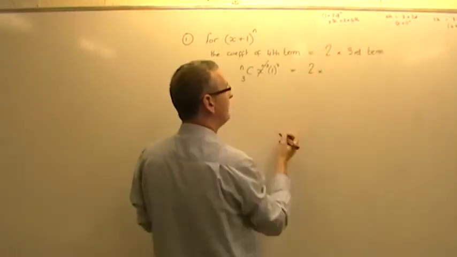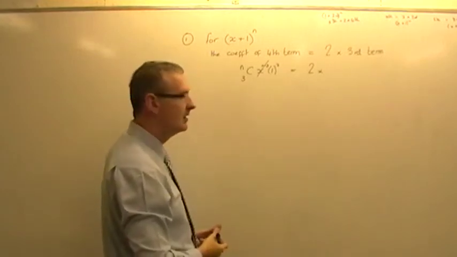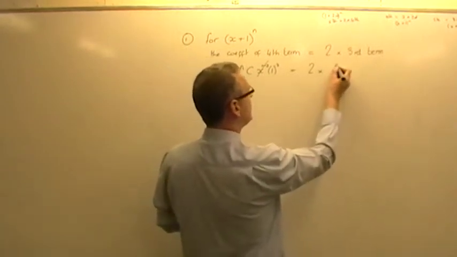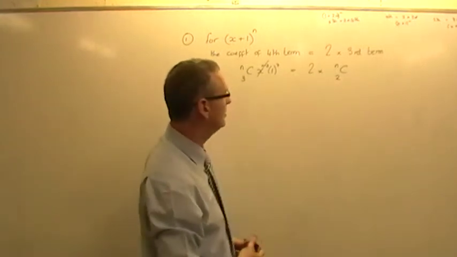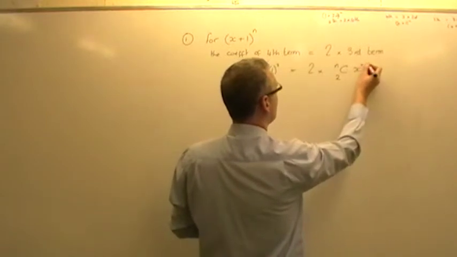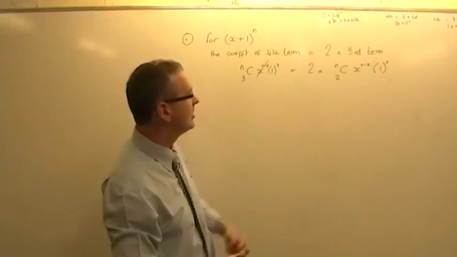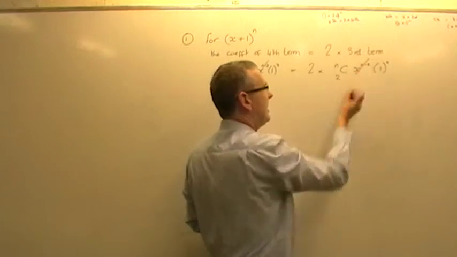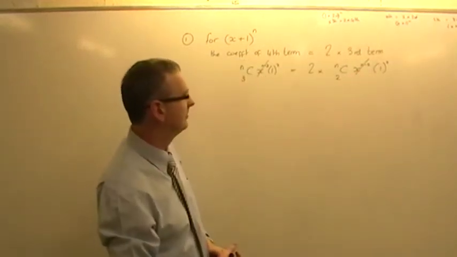The third term is n choose 2, and it's going to be x to the power n minus 2, followed by 1 to the power 2. That is exactly the same process that we applied there. I'm not interested in the x, so cross that out. So that is a true statement for this particular problem.